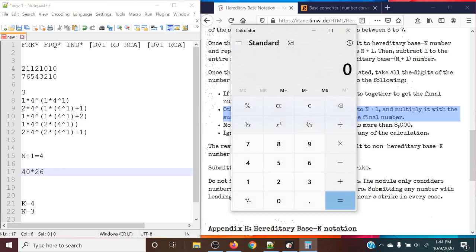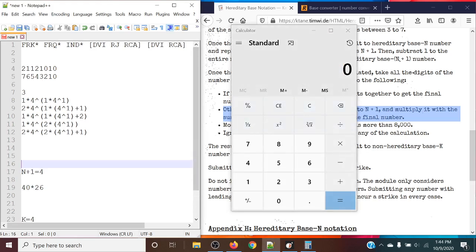I'm actually going to write this out. 3 plus 1 plus 1 plus 1 plus 2 plus 1 plus 1 plus 1 plus 1 plus 1 plus 1 plus 2 plus 1 plus 2 plus 1 plus 2 plus 2 plus 1 plus 1. Let's copy and paste all of this into the calculator just to make sure. Oh, Control Z.